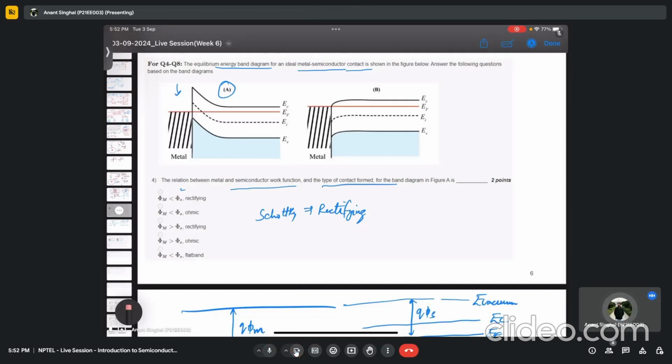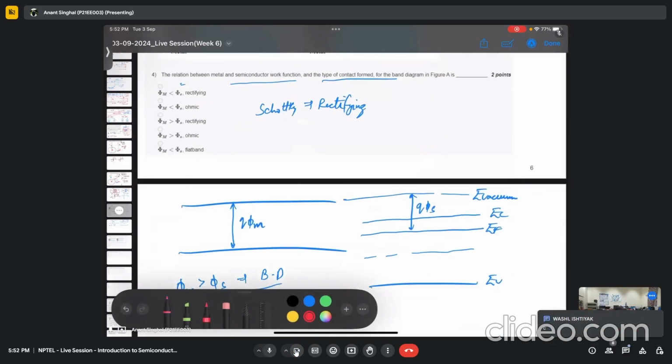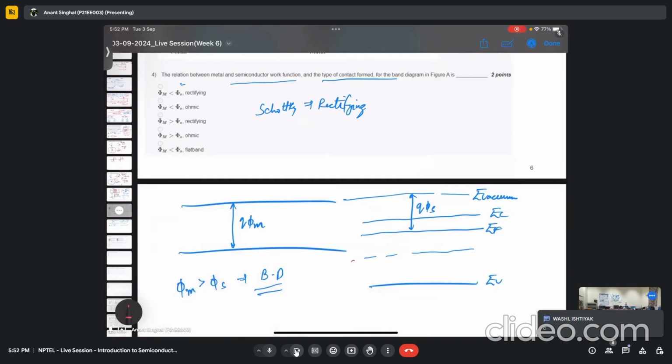Anyone else with the answer? Fine. So this is what we have already done. I got one more as C. The electrons will flow from the higher Fermi level to the lower. So this will go lower, so the band will move upwards. So there will be a barrier.